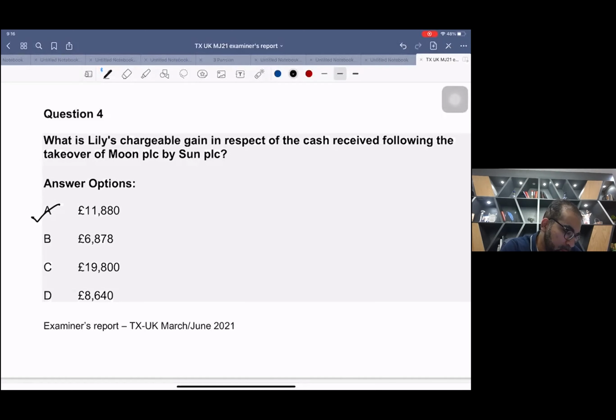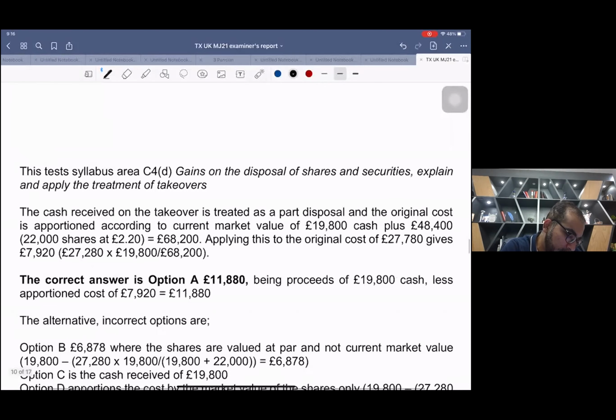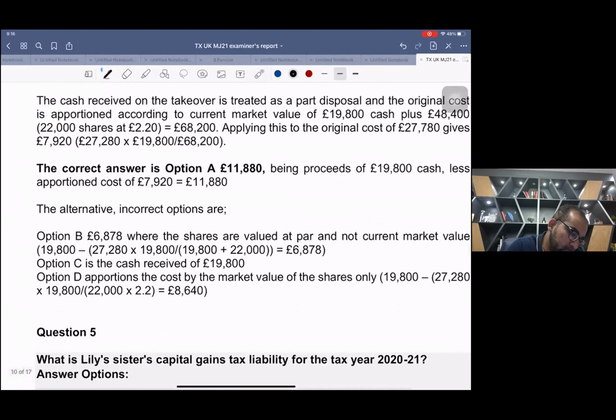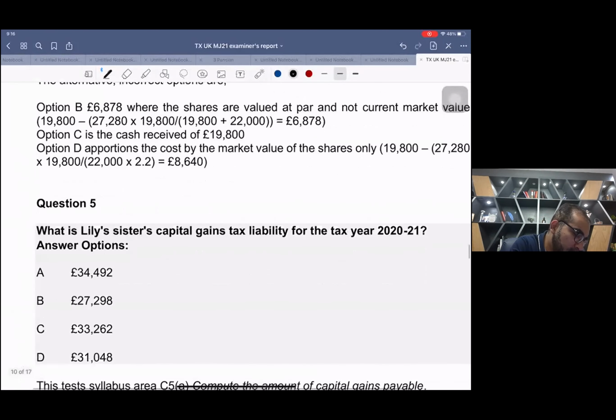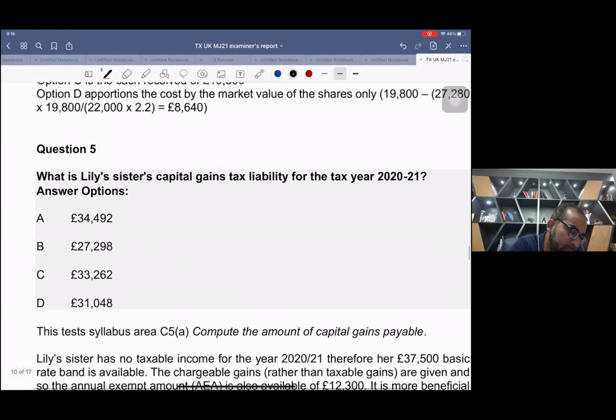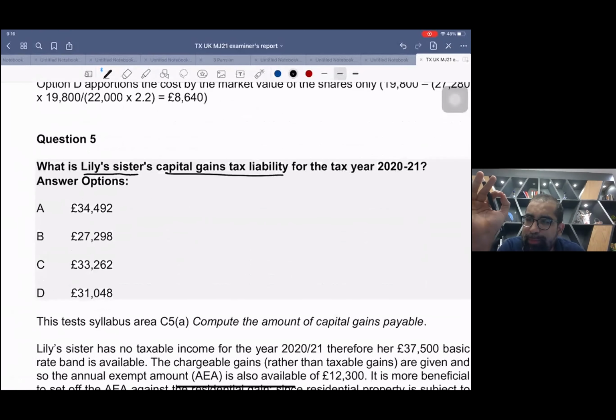Now, the last question, just read the requirement. They are asking you the capital gain tax liability. What is Lily's sister's capital gain tax liability? This is a very, very basic tax computation question. Let me take you to the question.